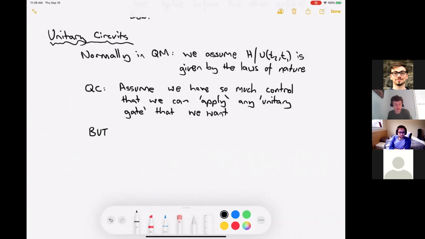There's a big but here, which is that if I have some large computer, say the Google quantum computer is at 50 qubits, we imagine in 20, 30 years we might be dealing with millions of qubits, then we're not going to be able to just apply some arbitrary matrix to the million qubits all at once, right?